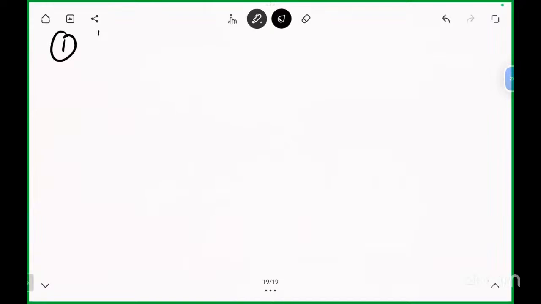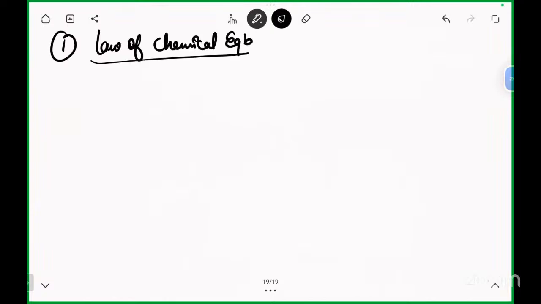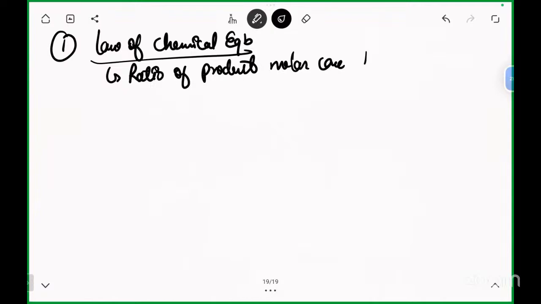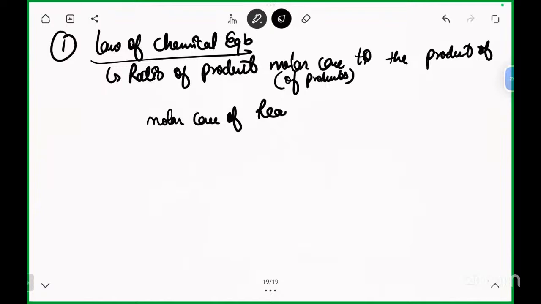The question is the law of chemical equilibrium. The law of chemical equilibrium is the ratio of the product of the molar concentrations of products to the product of the molar concentrations of reactants.